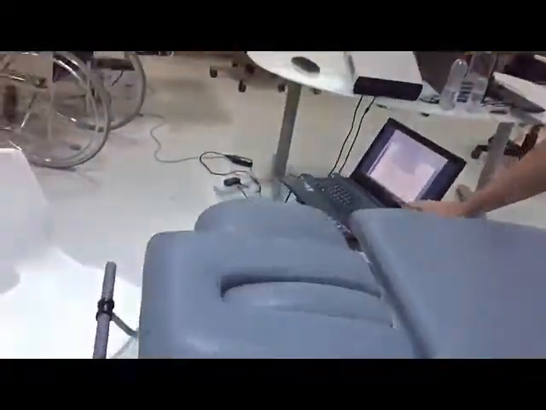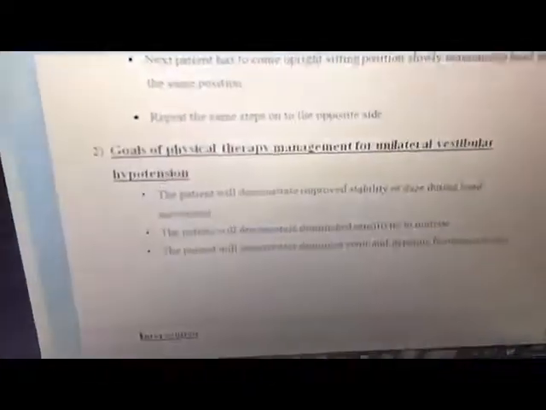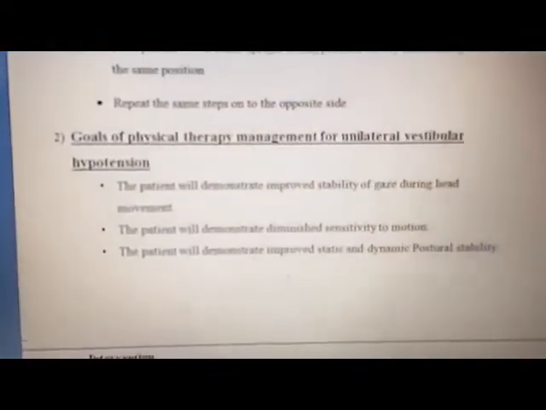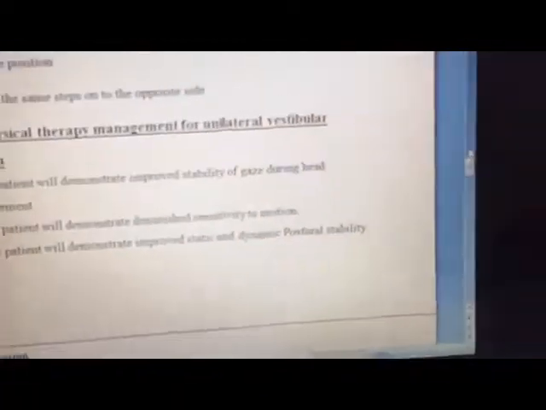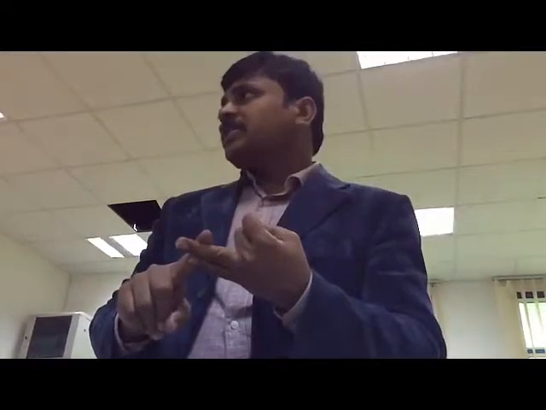Then that is about BPPV. See, these 3 exercises, the first 3 exercises, are canalith repositioning, liberatory cement maneuver, and Brandt-Daroff exercise.